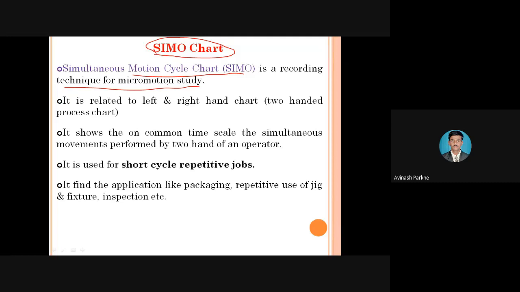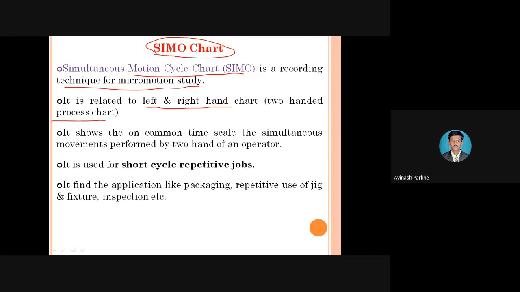Whatever results and data we have calculated from the micro motion study concept can be represented by using one chart, and that chart is called a Simo chart. The Simo chart is related to the left hand and right hand chart, the two-handed process charts.